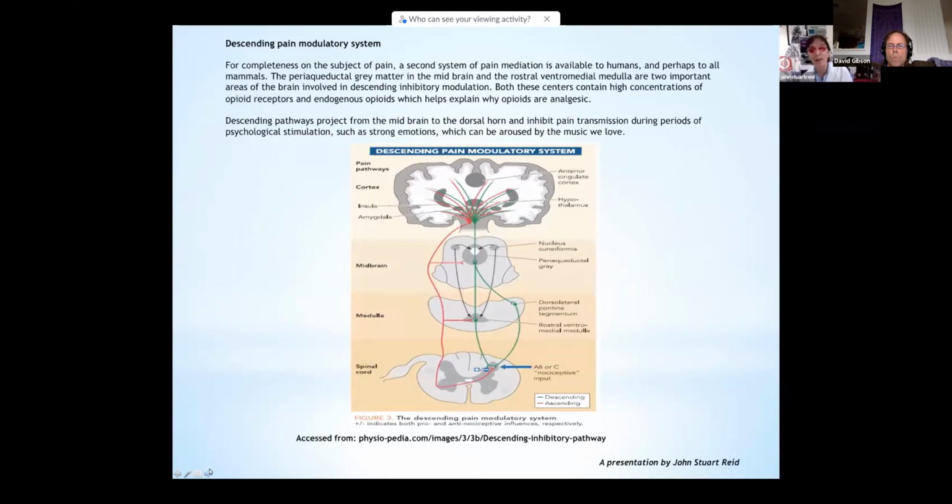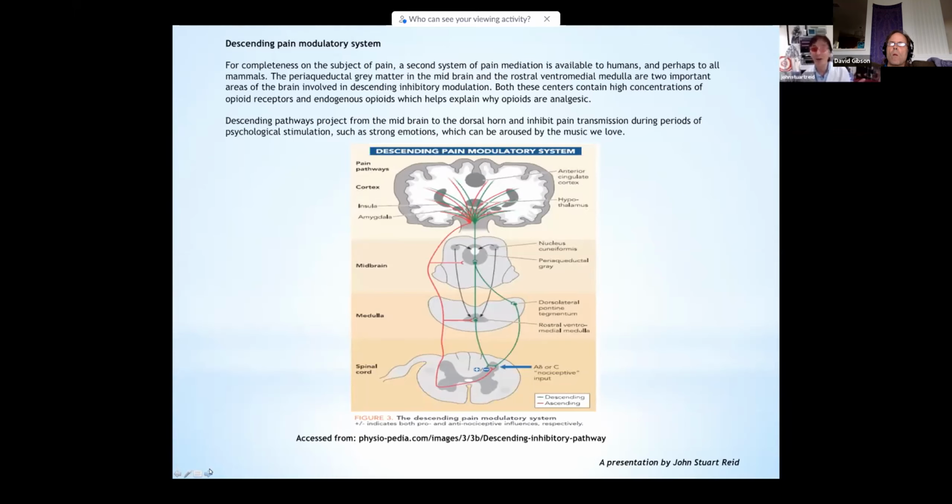Both of these centers contain high concentrations of opioid receptors and endogenous opioids, which help explain why opioids are analgesic. So what happens is descending pathways project from the midbrain to the dorsal horn, which I showed you earlier. And these descending pathways inhibit pain transmission.